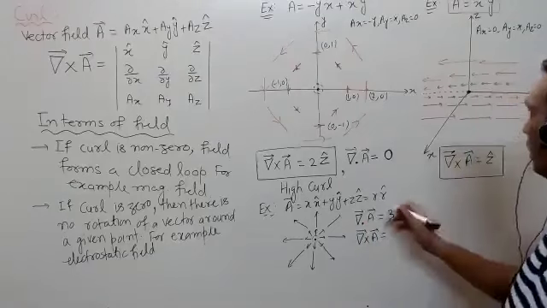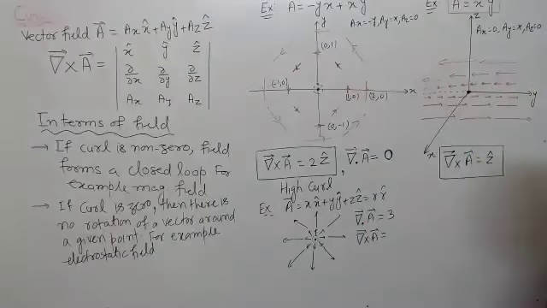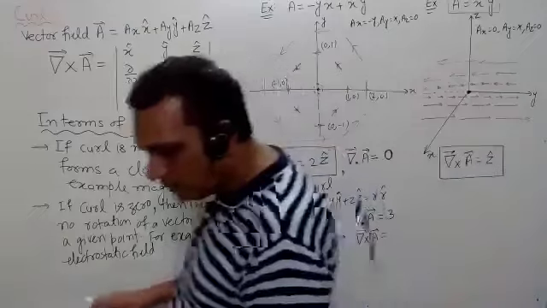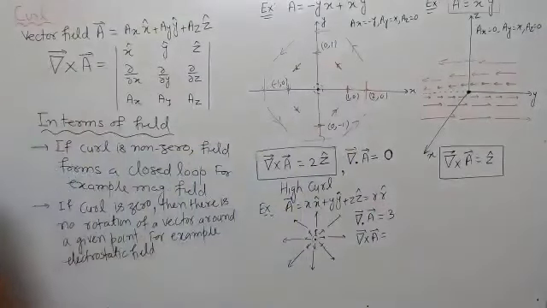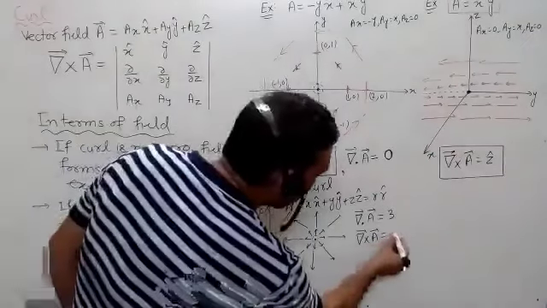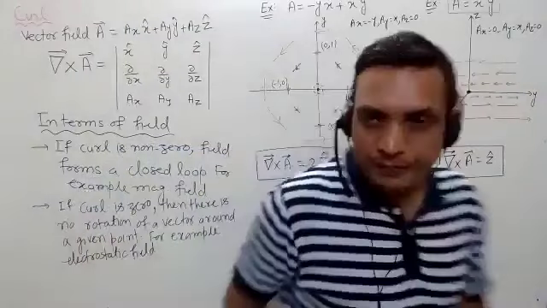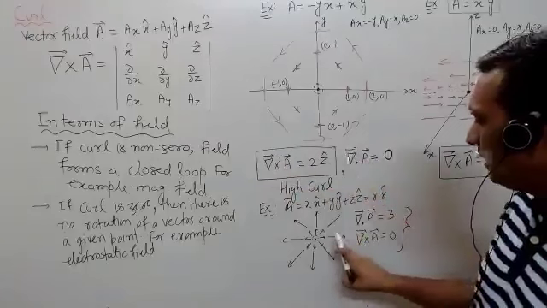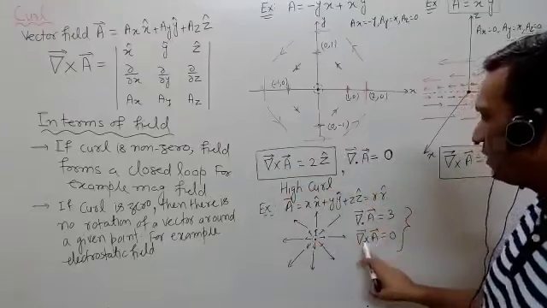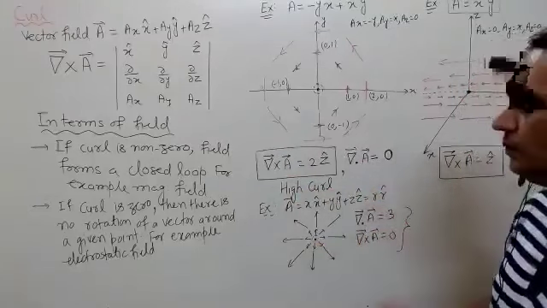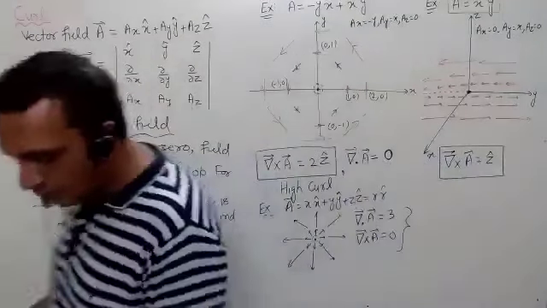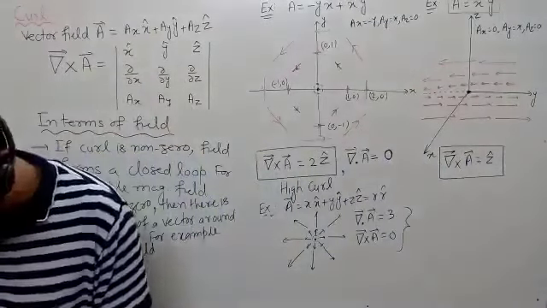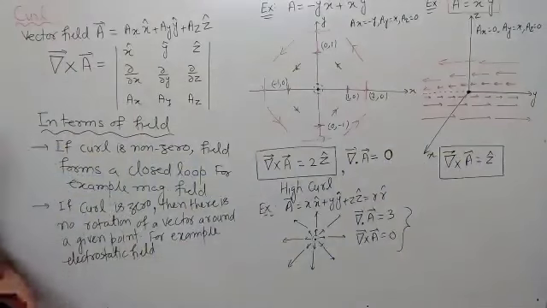Let us calculate curl of A. Curl is 0. So you can see this is the region of high curl but zero divergence, and this is the region of high divergence but zero curl. So you can easily differentiate between divergence and curl. Is it clear?